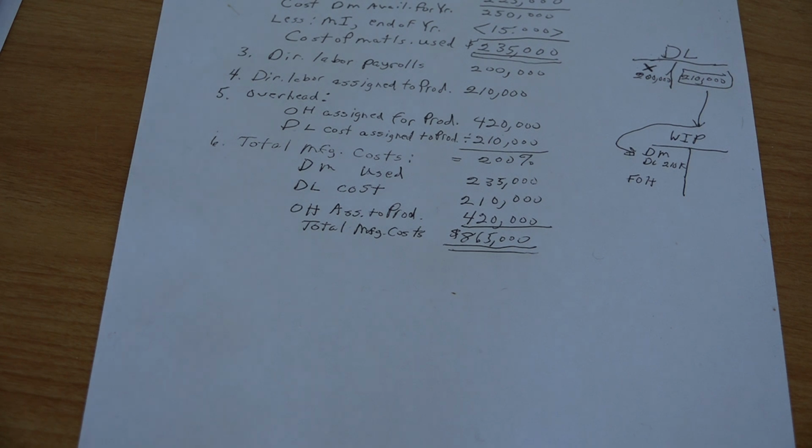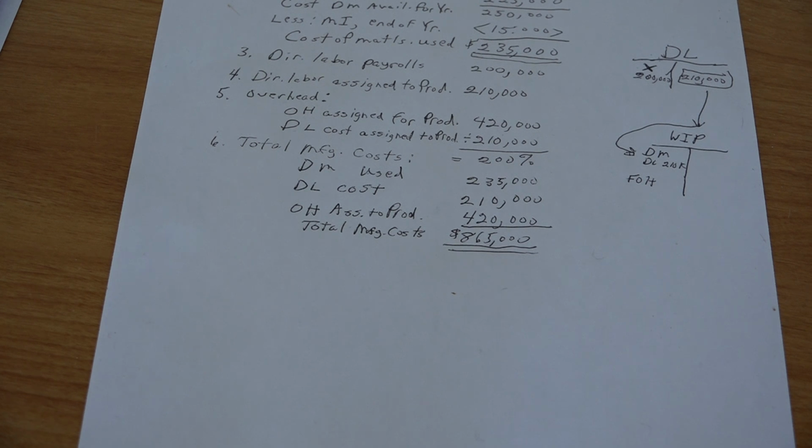Number 7. Here they're asking for the cost of finished goods manufactured. Well, recall we have our finished goods inventory at the beginning of the year of 30,000.